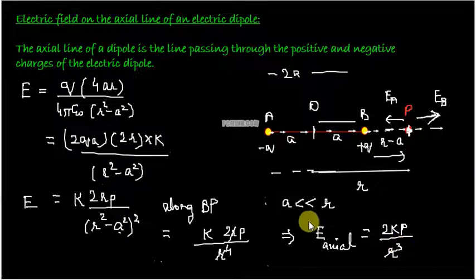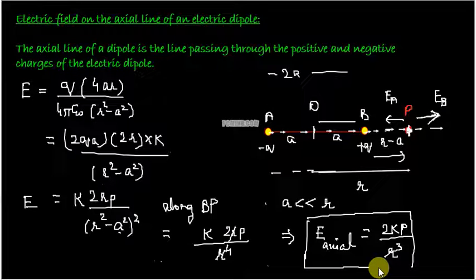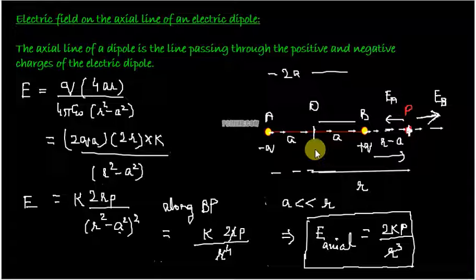Thus the electric field of a very short dipole varies inversely as the cube of the distance of the point of observation from the center of the dipole.